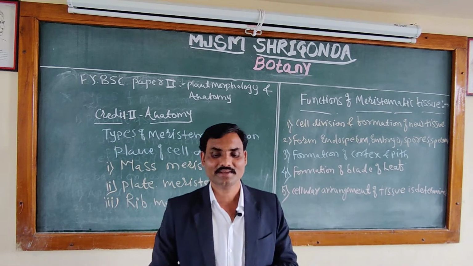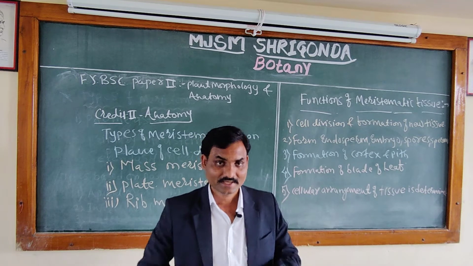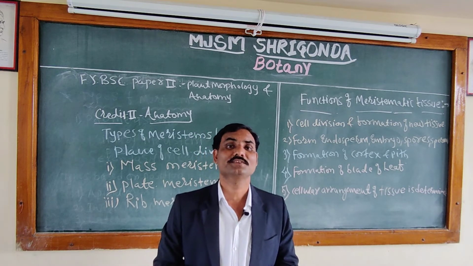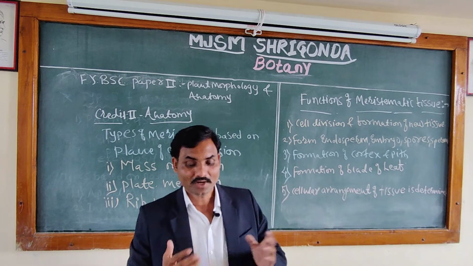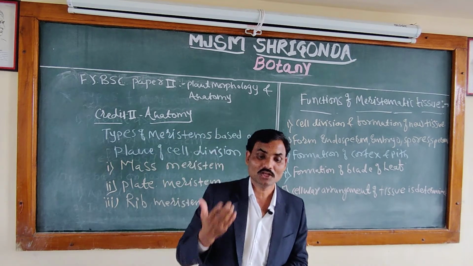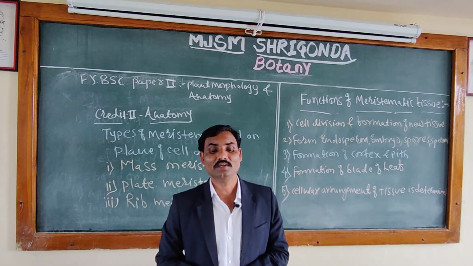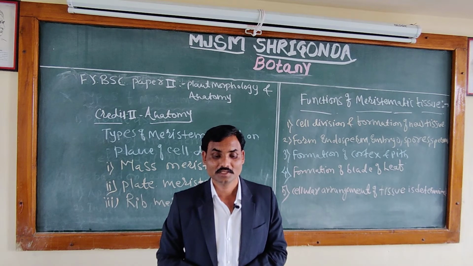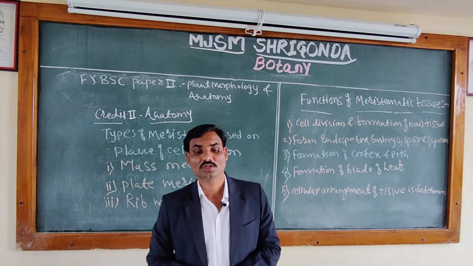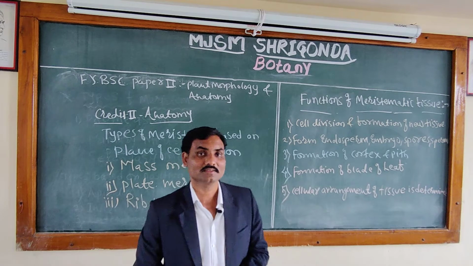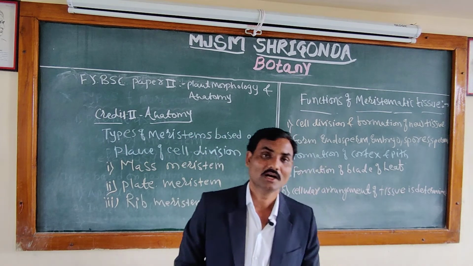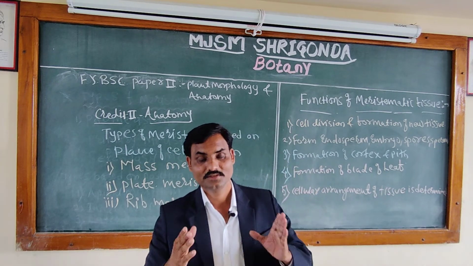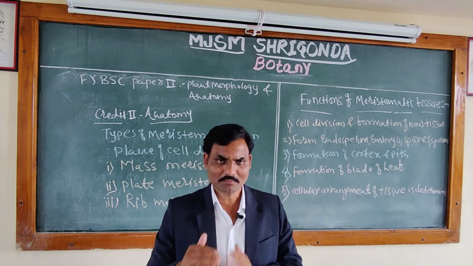Organ's area increases. Area of the organ is going to increase. Example, epidermal growth and leaf formation. Epidermal growth and leaf formation is the example of this plate meristem.